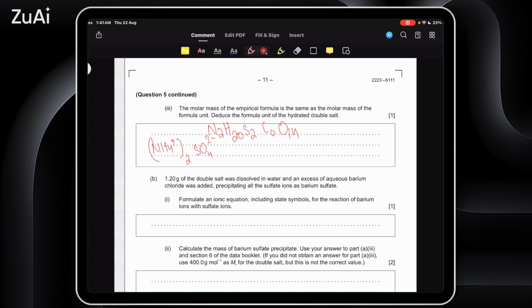How many hydrogens are there? So we have to account for hydrogen as well. So there are 20 hydrogens. So 8 are already used, so 12. So we have to put there 6.